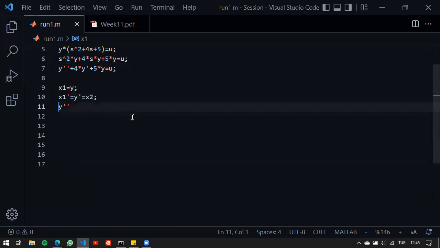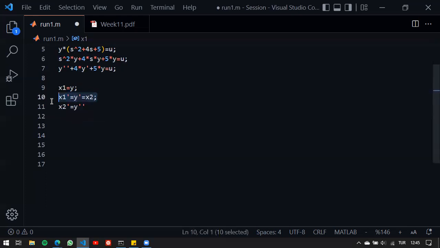If I take the derivative of that, it will be equal to y double derivative. And at this point, I can stop, because I had a second order differential equation, which means that I need 2 first order differential equations. This would be one of them, and this would be another one. So these 2 should be sufficient in order to model the system.